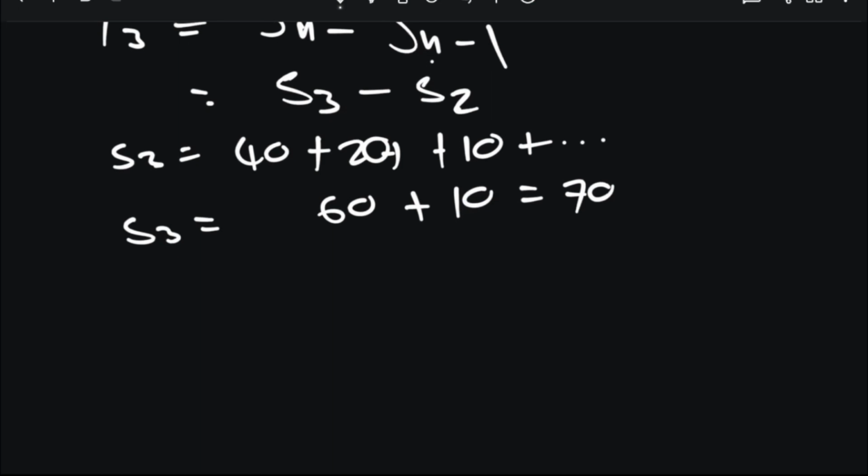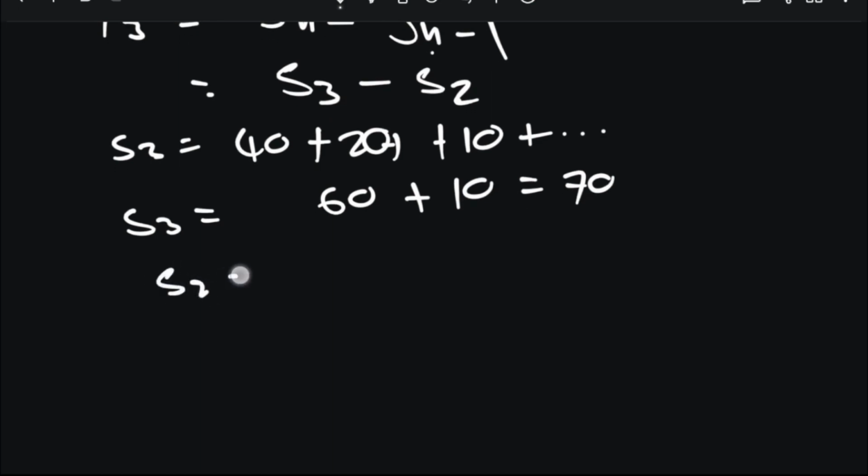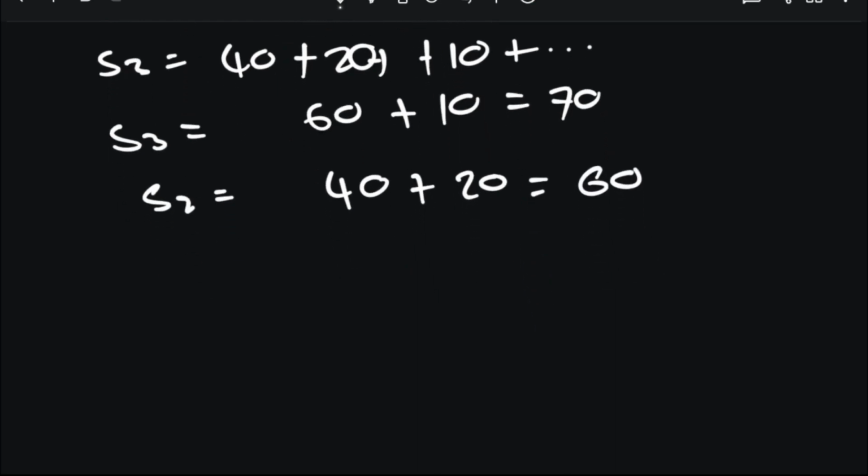What are the first 2 terms? The first 2 terms are 40 plus 20, which is equal to 60. So S2 is equal to 60.